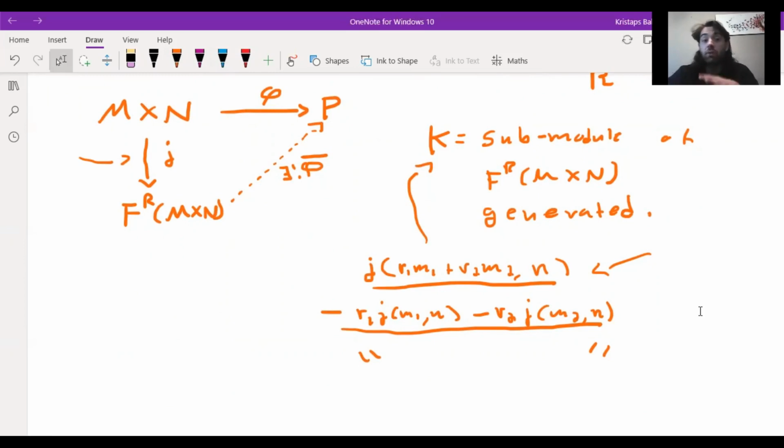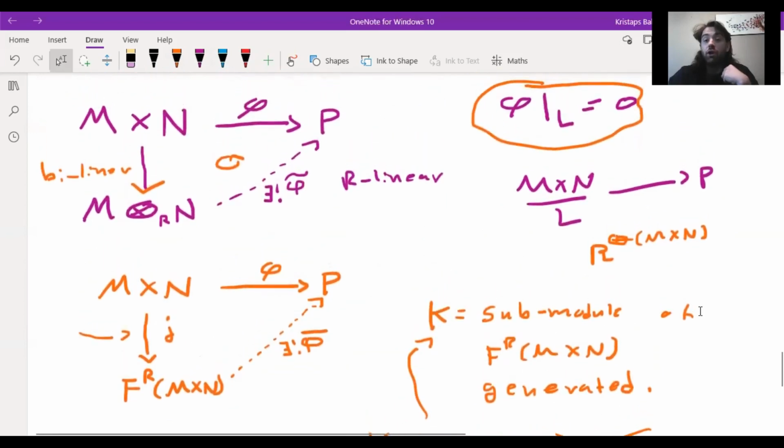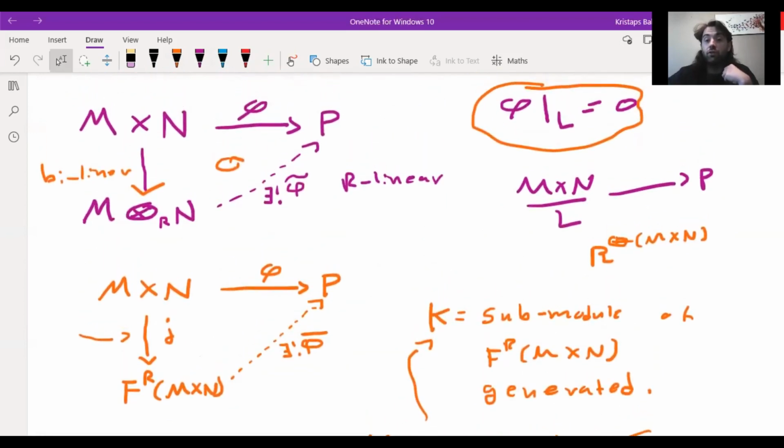Now, in order to make sure that we get some sort of well-defined map induced on the quotient, we need to make use of this universal property of quotients as well. That is, now we're working with this new map that we've obtained because we're going to be taking a quotient of the free module. And so we want to make sure that this new map restricted to this generated submodule K is the identity. And then we'll be able to use the universal property of quotients.